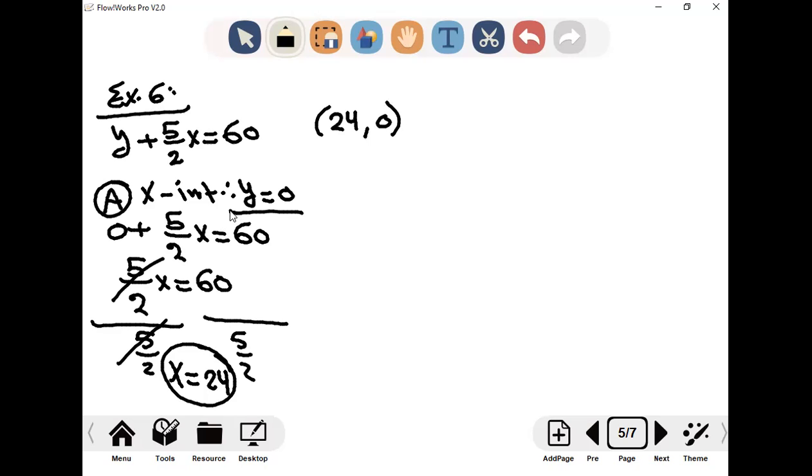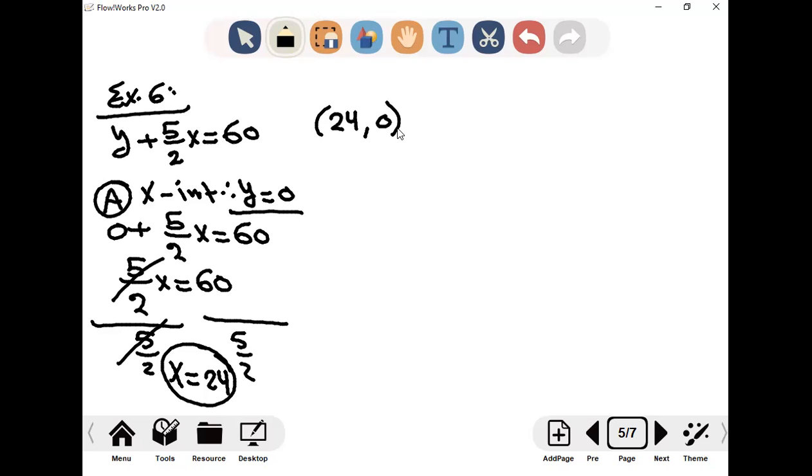So here, what does this mean? What does this mean in the question? We said x is the number of days and y is the number of cups of food, right? It means after 24 days there will be no food.